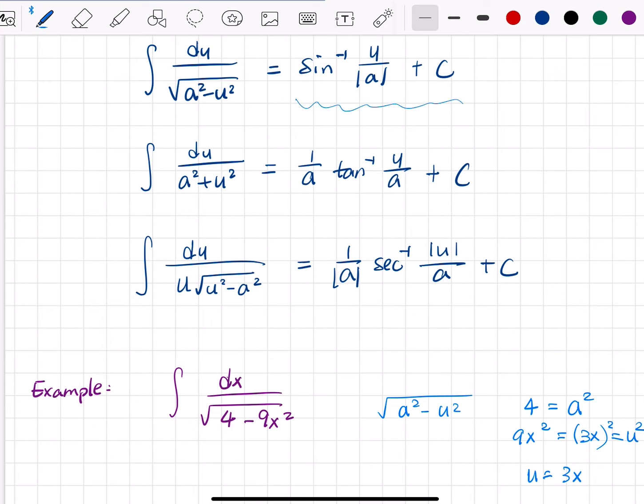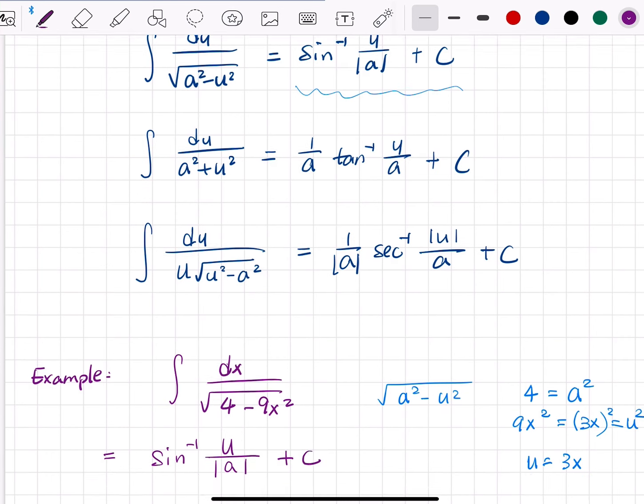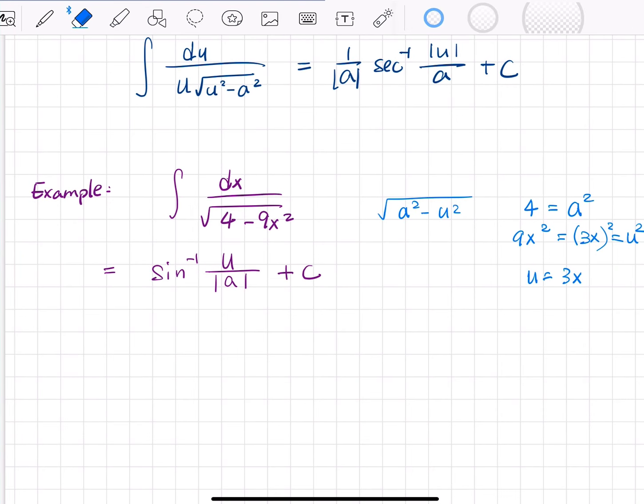So this one is going to equal sine inverse of u over absolute value of a plus c, where u is 3x and a is 2.